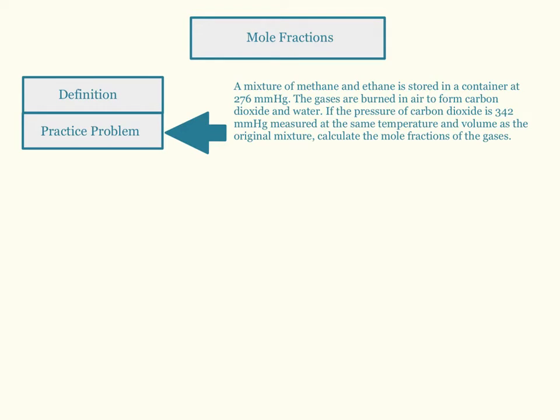The first thing I realized when I read this question was that there is very limited information about the state of the gases. This makes me feel like we will have to use some fancy ratios to figure things out. The next thing I see is that I'm going to need to write two different balanced chemical equations for my combusting gases.